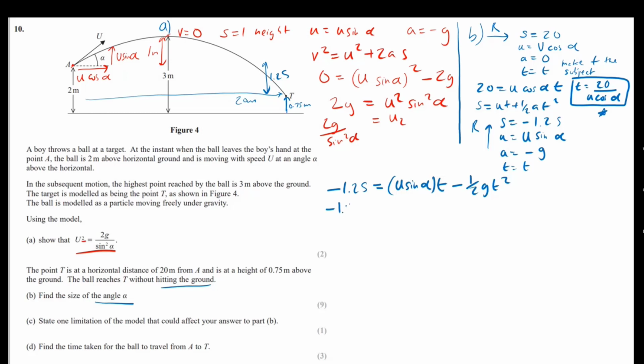So I'm going to get minus 1.25 equals u sine alpha, 20 over u cos alpha, and so forth, minus a half g, 20 over u cos alpha, all squared.